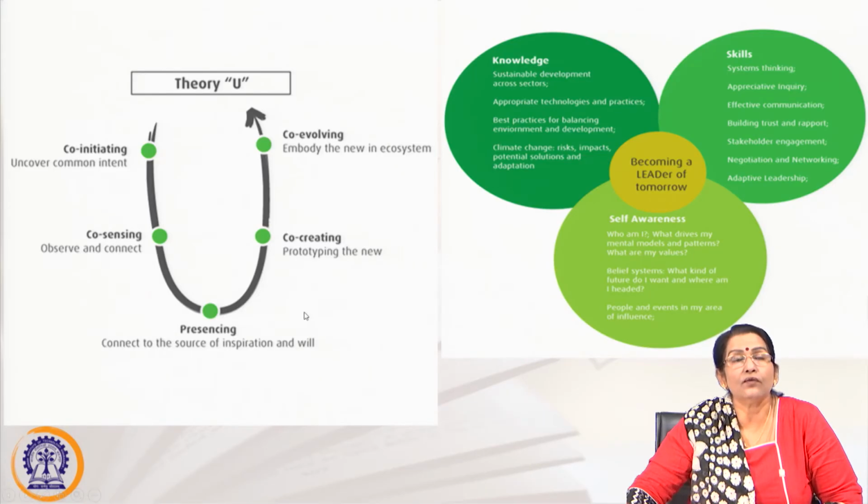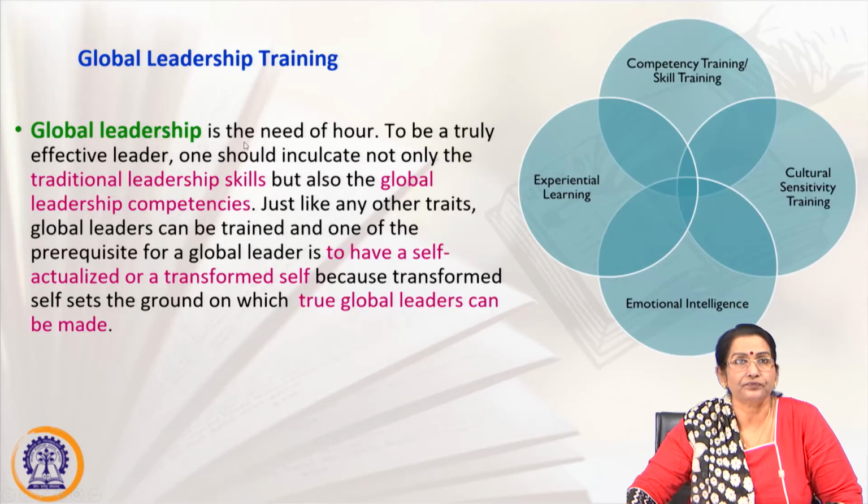Then co-creating, having discussion and dialogue with other core team members, then creating a prototype solution. Then evaluating and examining this prototype to embody it, to integrate it in the new ecosystem. That means to adopt this in a fresh way. So, this Theory U is being followed in the Lead India context.